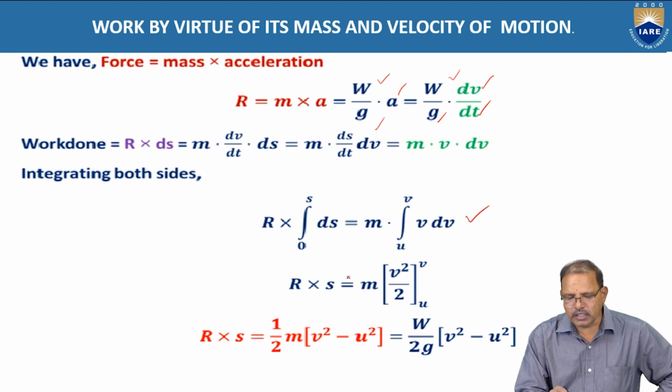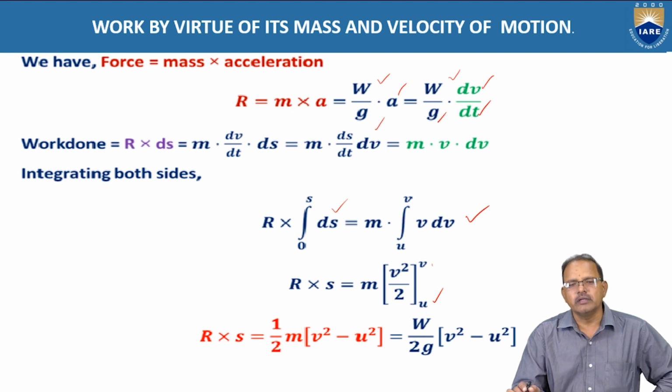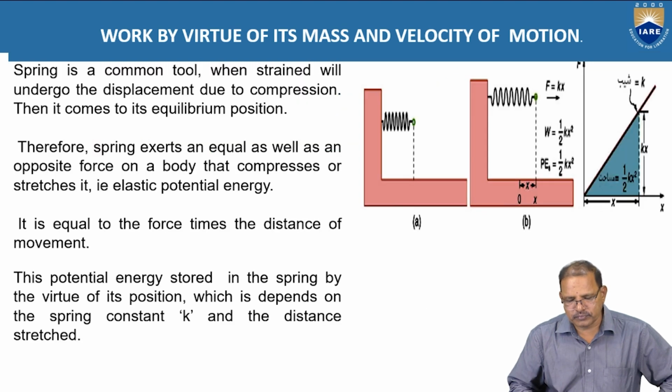R into S is equal to m into, the integration of v is v square by 2, with limits from u to v. So R into S is equal to 1 by 2 m into (v square minus u square). In other words, R into S represents work done. The work done is equal to the change in kinetic energy of the body.